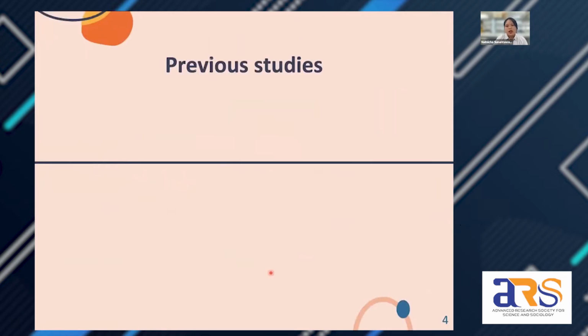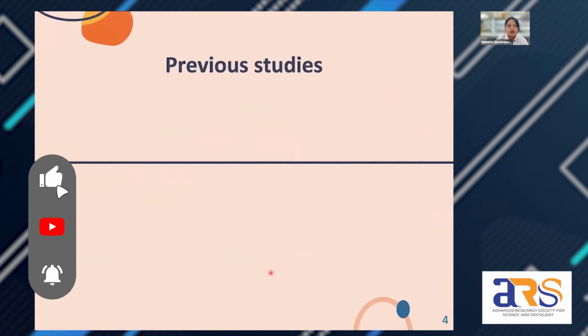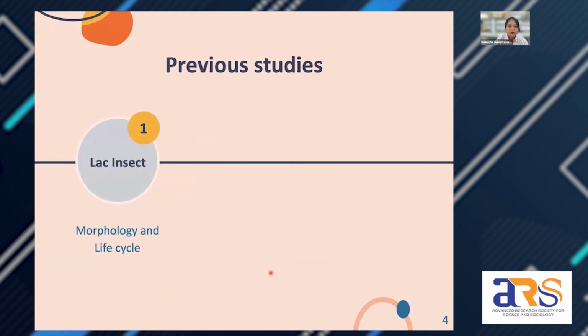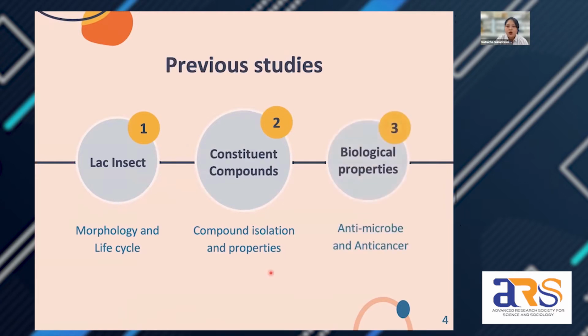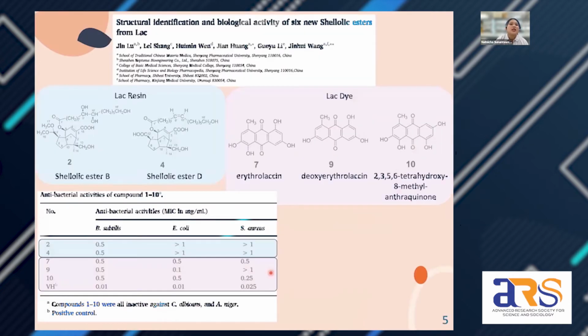Even though LAC products are useful, they are rarely studied, specifically on LAC insect morphology and life cycle, constituent compounds, compound isolation and properties, and biological properties such as antimicrobial and anti-cancer. For example, in this study, the researchers studied the structural identification and their bioactive activities.